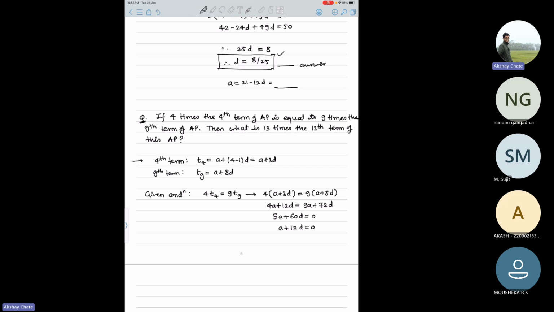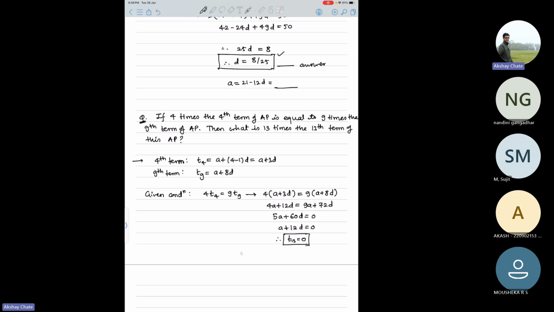Okay, so that is the main thing. If you don't look into this connection, it will be very difficult to solve this problem. But I think you found it. So A plus 12D is nothing but T13, and now it is 0 basically.